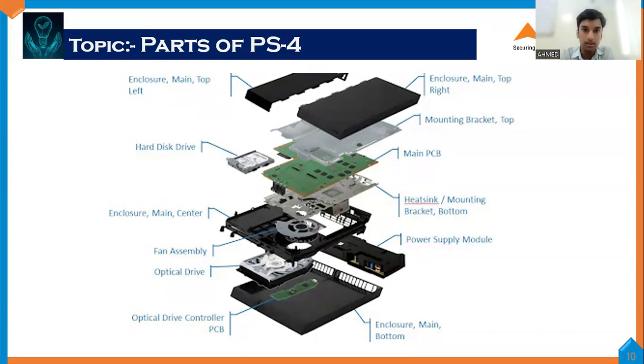So we cool the processor so that we can use the PlayStation for a longer life. This heat sink is made of aluminum material, which has the ability to transfer heat very fast. The heat will be transferred from the processor to the heat sink, and the fan will eject it.